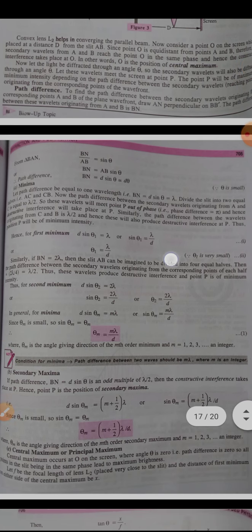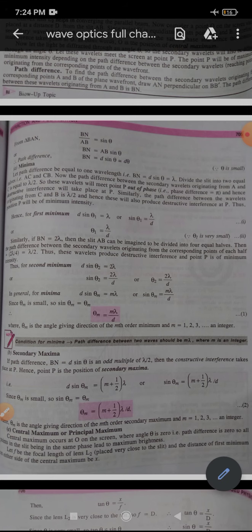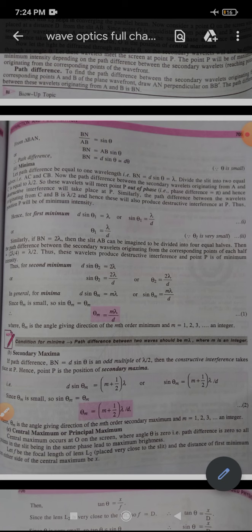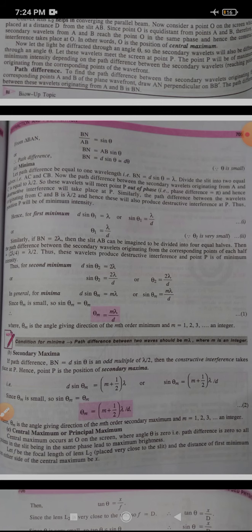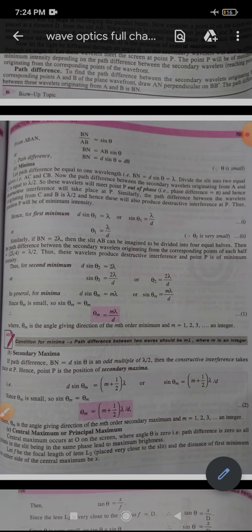So for the second minimum we get d sin theta 2 is equal to 2 lambda. So sin theta 2 is equal to 2 lambda divided by d, and where theta is very small, we can write theta 2 is equal to 2 lambda divided by d. From these two equations, in general we can write the angle for minimum intensity as theta m is equal to m lambda divided by d.